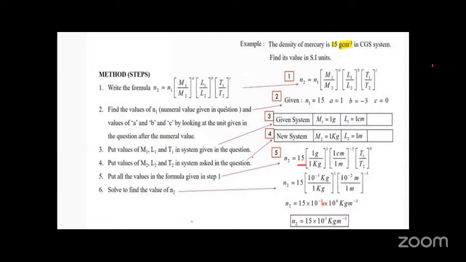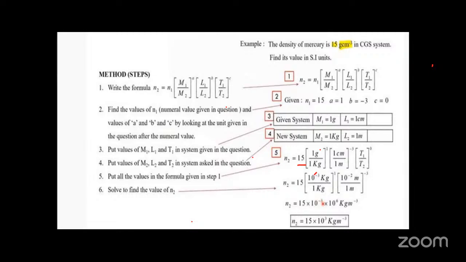Now, since we are converting to kilogram, we have to write the gram in kilogram. So 1 gram into kilogram will be 1 divided by 1,000. If I want to convert 1 gram to kilogram, I will have to divide it by 1,000. So we have 10 raised to -3 there.